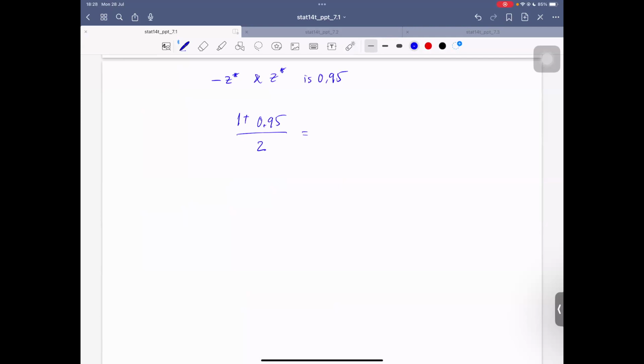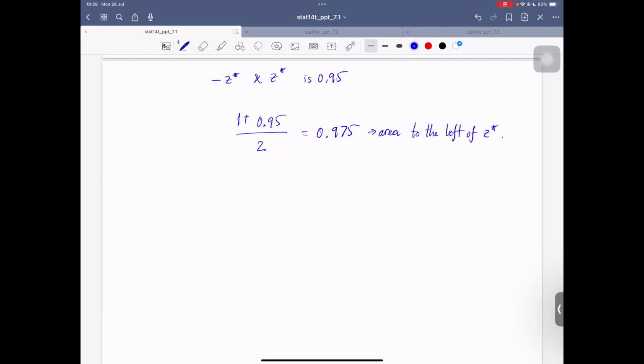It gives us 0.975, and this is the area to the left of z star. Are we good? So now let's look up 0.975 in the z table.